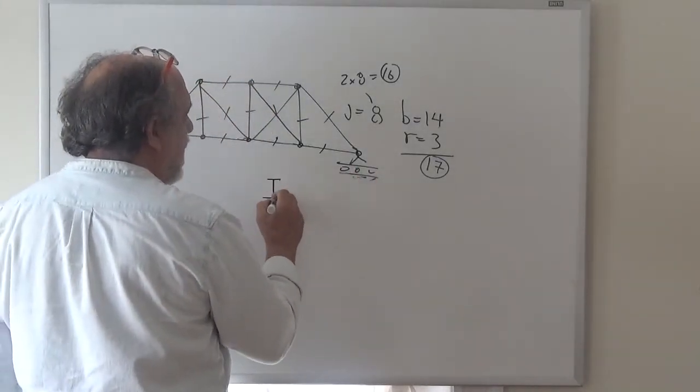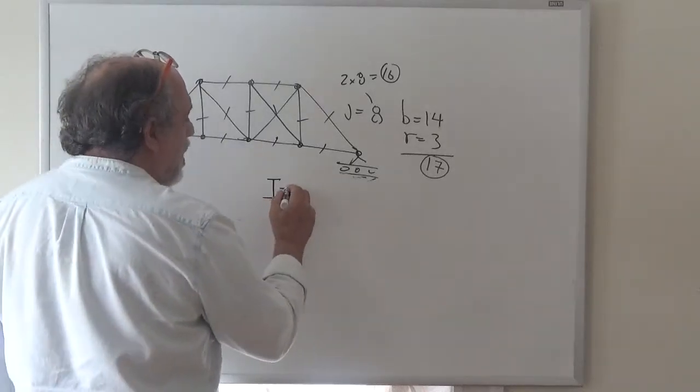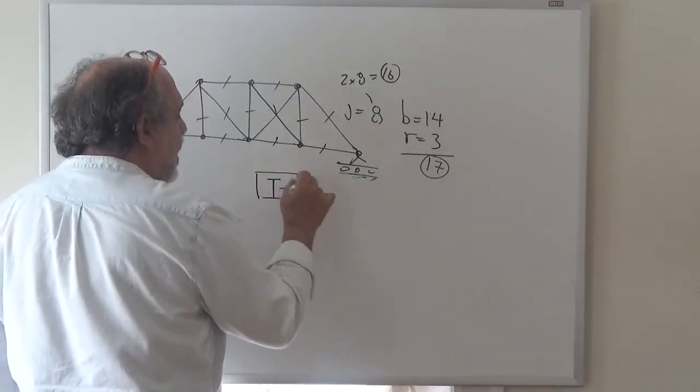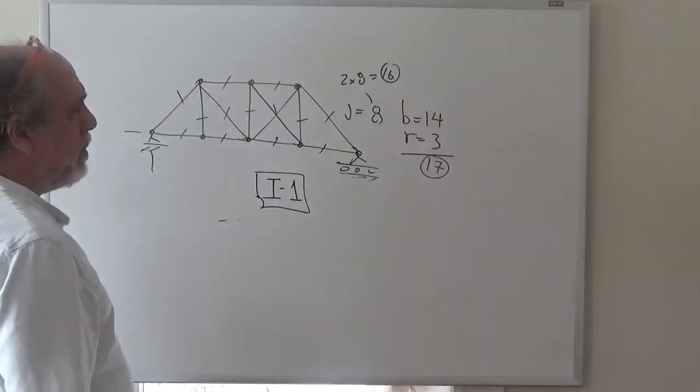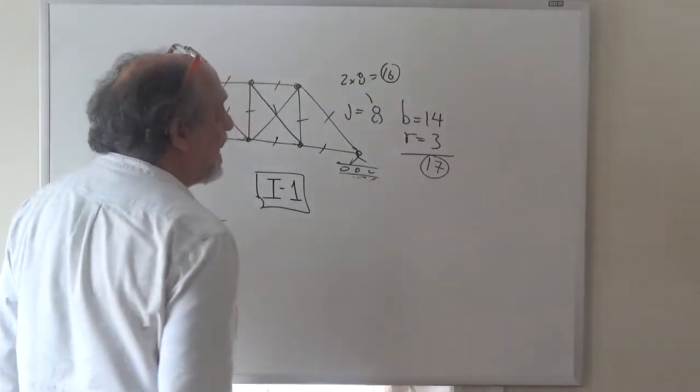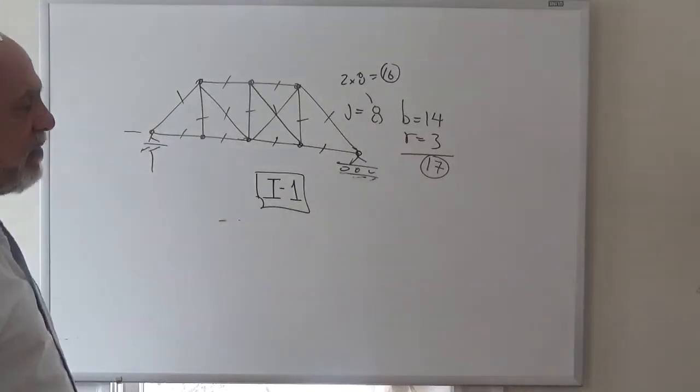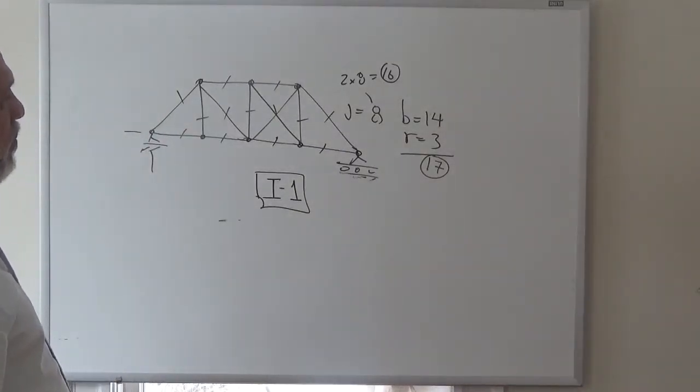And this brings us to the idea of how indeterminate. So the degree of indeterminacy in this case would be 1, because we have one too many things. Okay, I will make further note on that. So that structure would then appear to be indeterminate to the first degree.